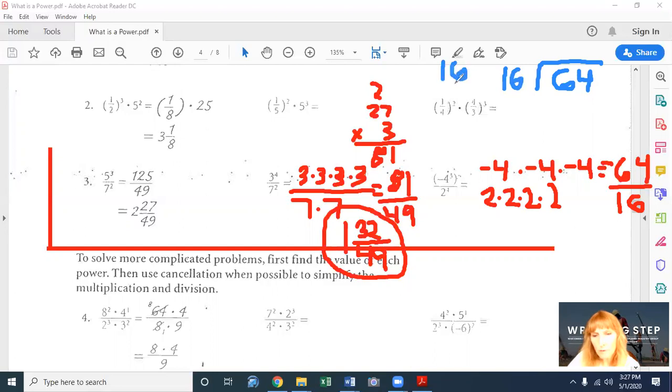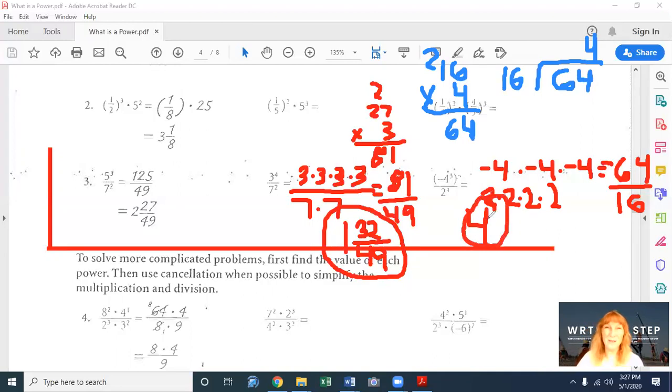If you don't know off the top of your head, you can always check it out like this. So 4 times 6 is 24. Carry my 2. 4 times 1 is 4 plus 2 is 6. So there you go. So it's exactly 4. So the answer then is exactly 4 for that one. Too bad, no circle, but there you go.